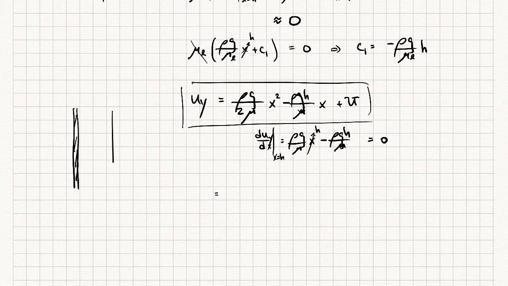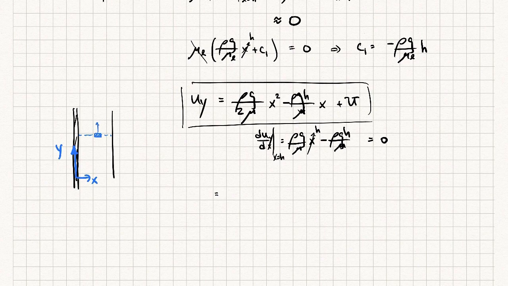Here's the picture again. So here's y, here's x. What I'm going to do is look at cutting across this way and look at the volumetric flow rate through that little area, because the velocity doesn't vary much through that little area.